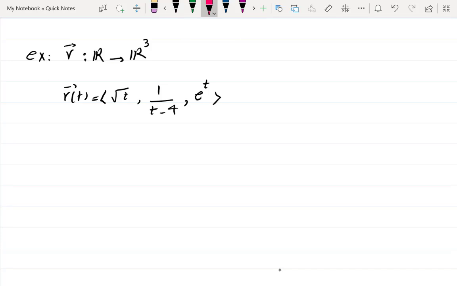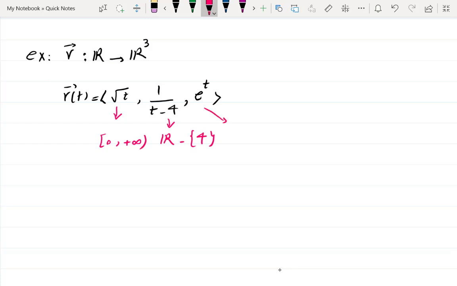The square root of t is defined for all real numbers which are greater than or equal to 0. This fraction is defined for all real numbers except 4, as a root of the denominator.